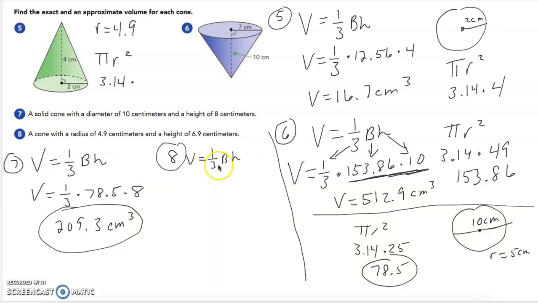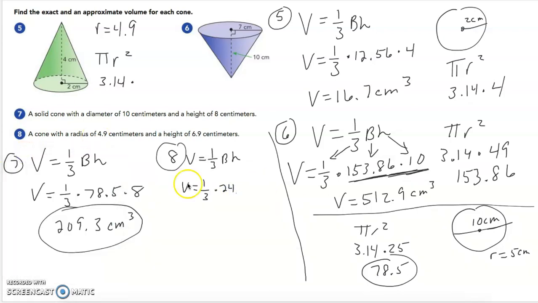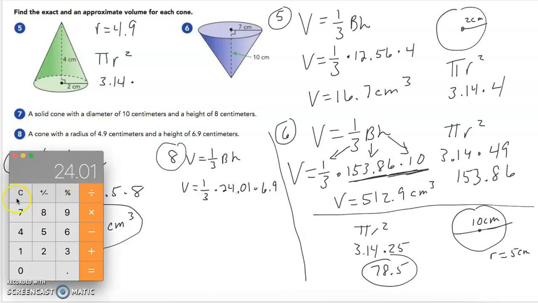So volume equals 1/3 times 24.01 times the height, which is 6.9. Okay, last question to do here. 24.01 times 6.9 is equal to that, divided by 3 is equal to 55.